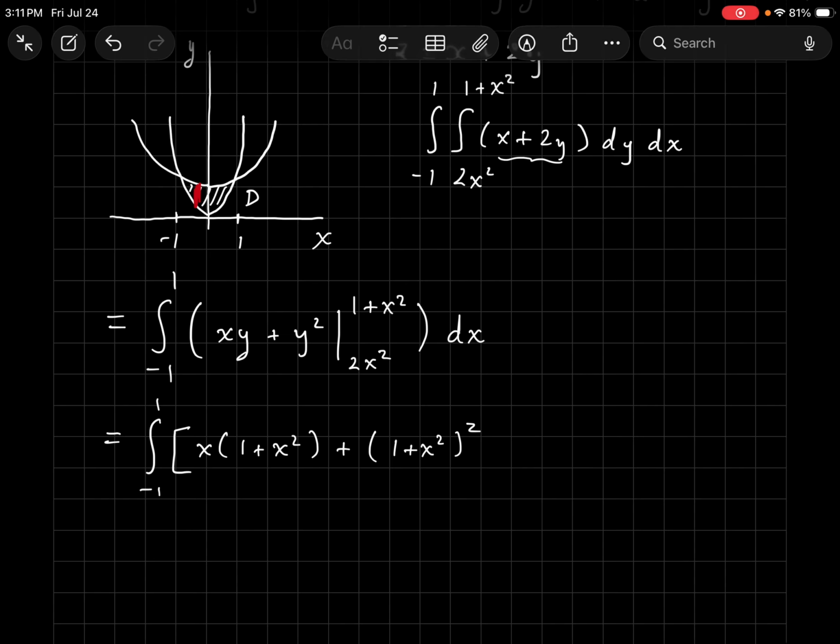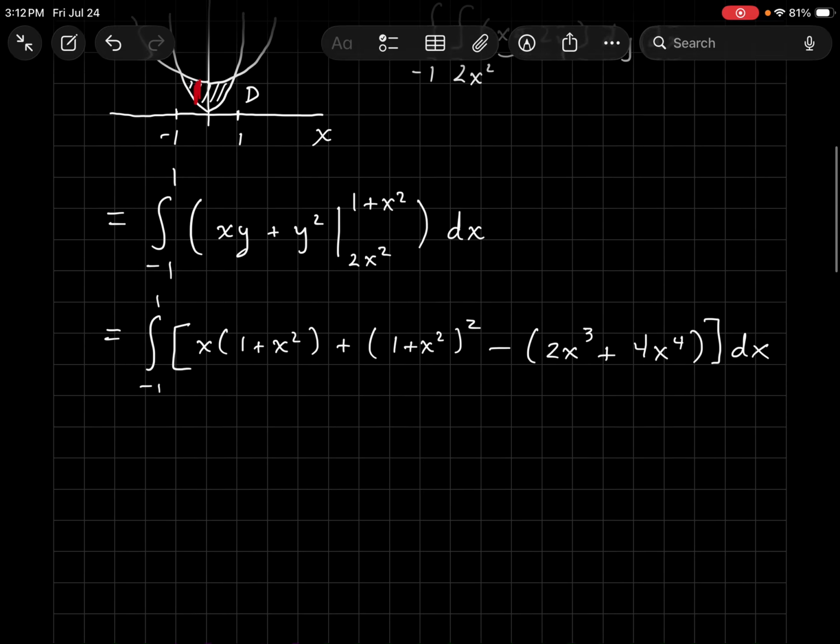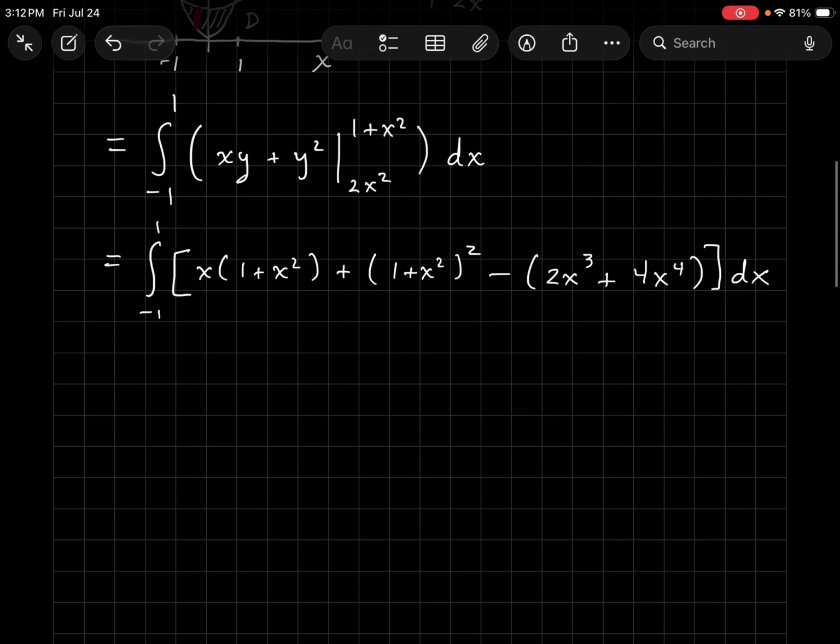And then we're going to subtract off the lower limit: plugging in 2x squared for y is going to give us 2x cubed, plus plugging in 2x squared for y squared is going to give us 4x to the fourth. Now we're going to do a little bit of algebra to solve this one, but the main calculus part, the setting up, the difficult part, I would say, is finished.